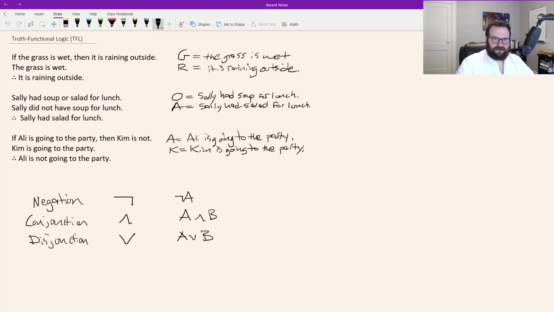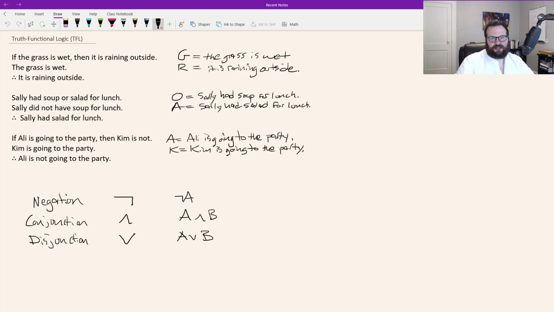But it's also true if both sides are true. So in this case, A or B would be true if A and B are both true at the same time. So the way we use or in modern logic is inclusive. We're going to include those cases in which both sides are true.